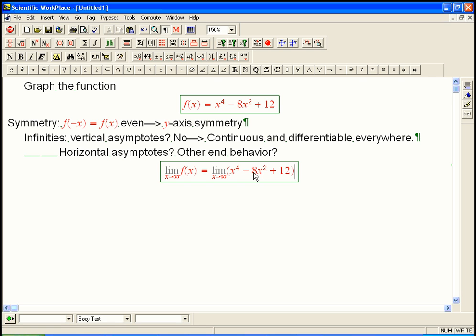And what we know about polynomials and rational functions is that we can just look at the leading order term. And that is going to go to infinity. And in fact, I can be very efficient, and this is not too surprising, we can put a plus or minus here and you get the same behavior. We know that's because of the symmetry, the evenness of the function. And that's going to be infinity. Okay, so on the left and right hand sides, it's blowing up, as polynomials tend to do.